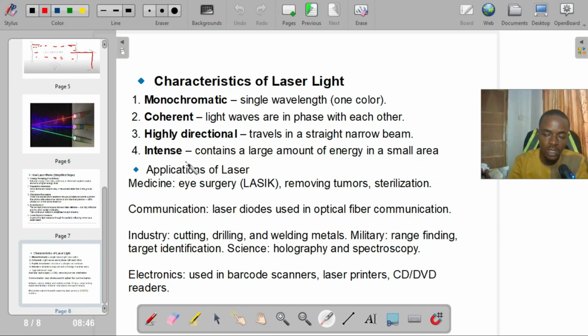So where are they used? Yes, they are used in the medical line. They are used for surgery, that is, removal of tumor from the brain. I can show you a video of how they do brain tumor surgeries.